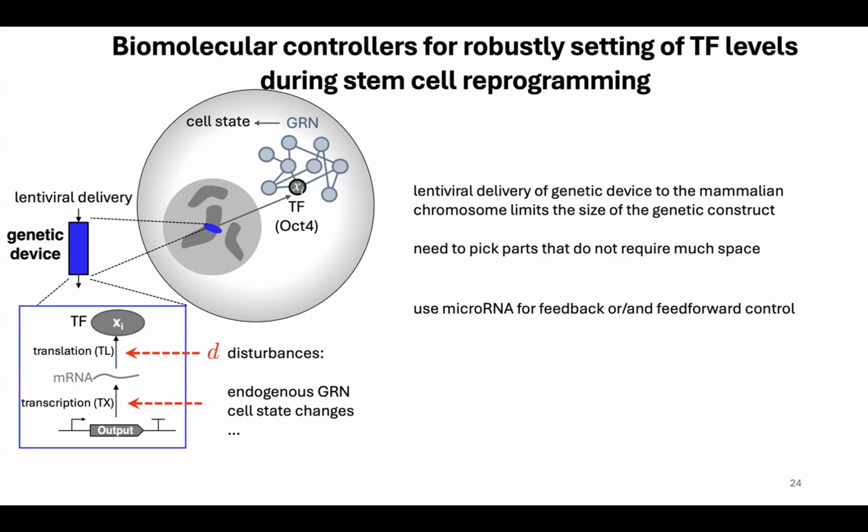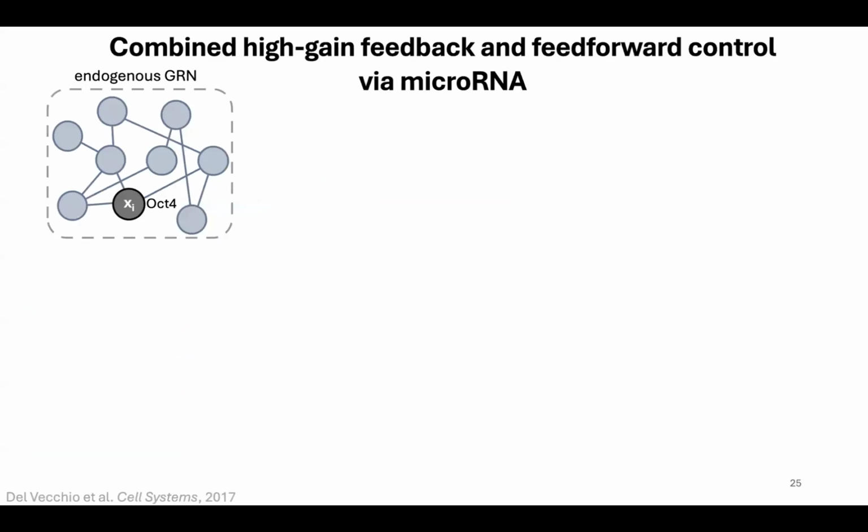In fact, there are a lot of researchers doing very important research on figuring out what delivery method we can engineer that allows larger cargos to get into cells. But bottom line, we thought that we need to remove all the lengthy parts in our design. So the ultimate designs that we landed on are all based on RNA, and specifically microRNAs.